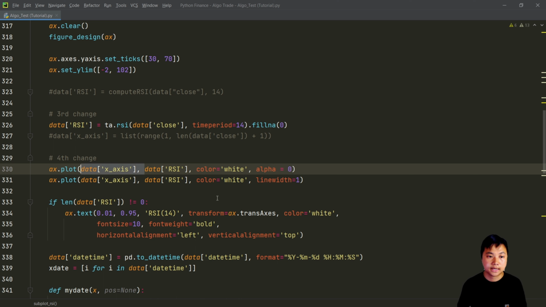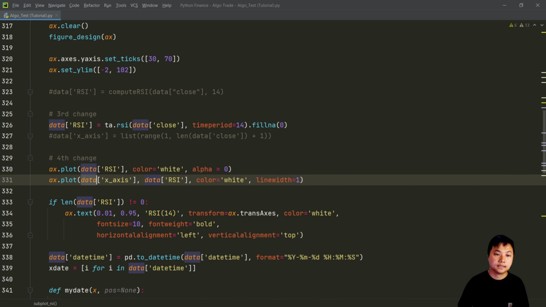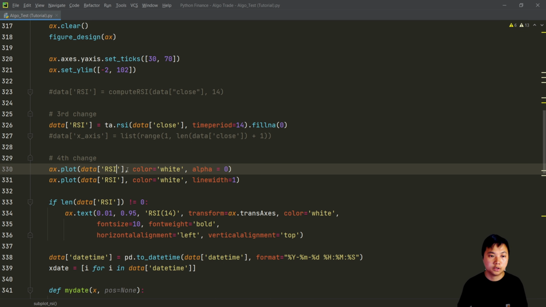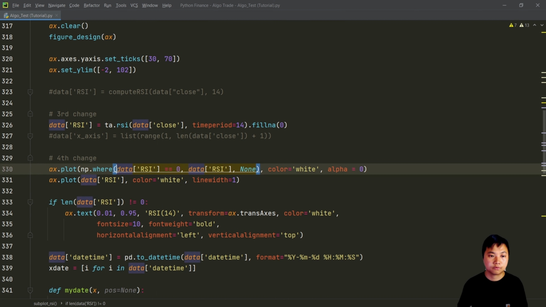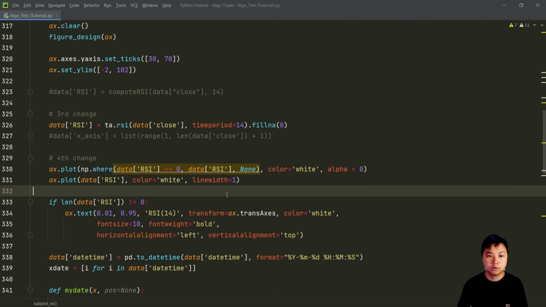On the other hand, if the value is non-zero, we will just give it a white color and linewidth equals to 1. Again, we will use numpy where to help us do that. Numpy where, if the data equals 0, just keep the data, otherwise none.